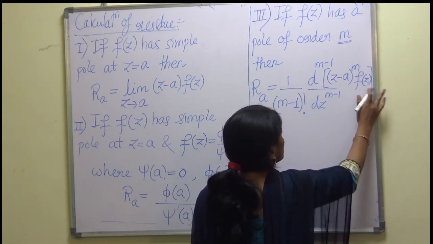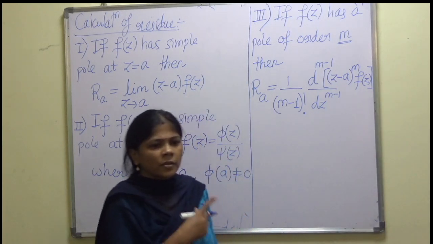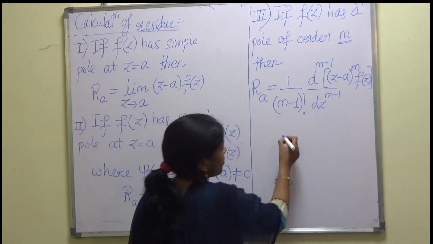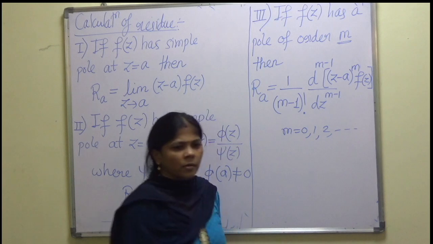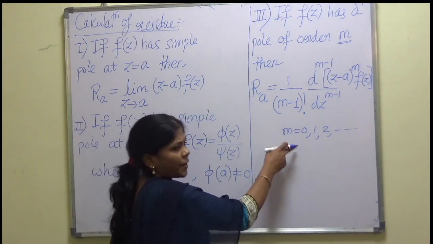So this is the requirement. Obviously m is 1, 2, 3 and so on. So you can say this is a generalized formula.